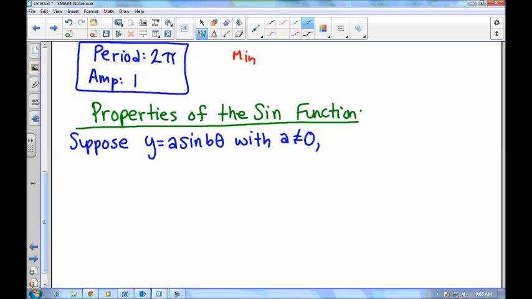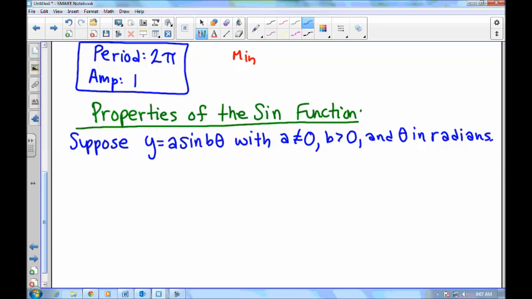So it's not going to be a wave. So a cannot be 0. Also, b has to be greater than 0, meaning it has to be positive. And theta has to be in radians, kind of like with our arc length formula, it has to be done in radians, not in degrees.